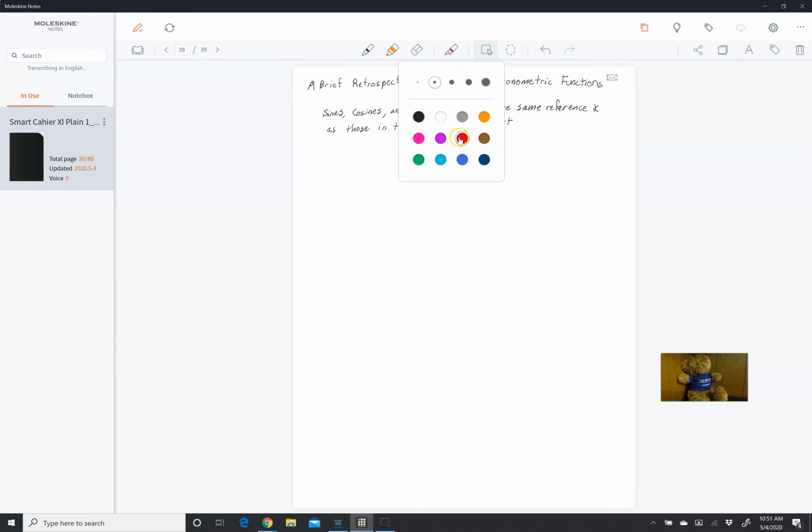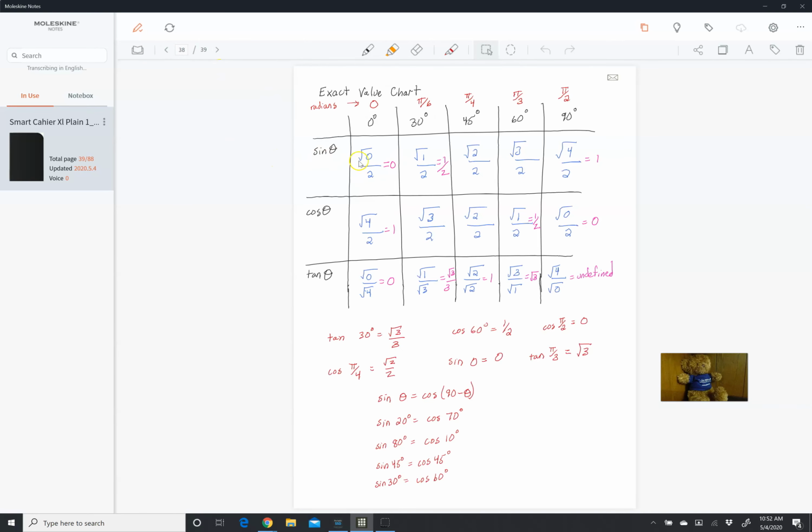So let's take an example. Let's take 30 degrees. We won't do this for all of them, but we'll do it for most of them. So if we have 30 degrees, then based on the exact value chart, we know that the sine of 30 is 1/2. Cosine of 30 is square root of 3/2, and the tangent of 30 is square root of 3/3.